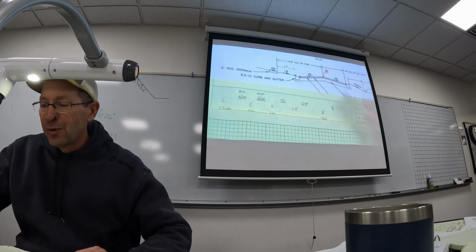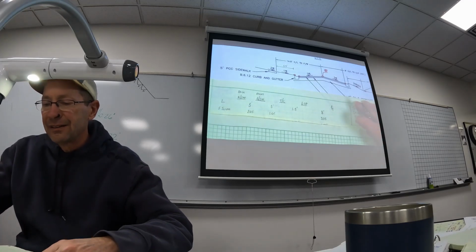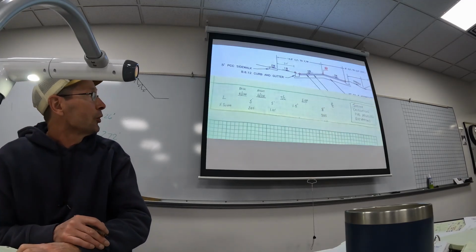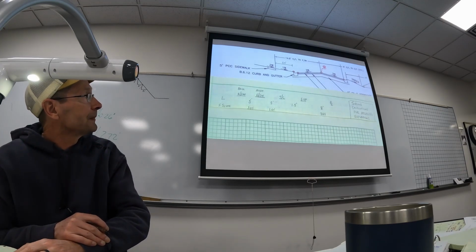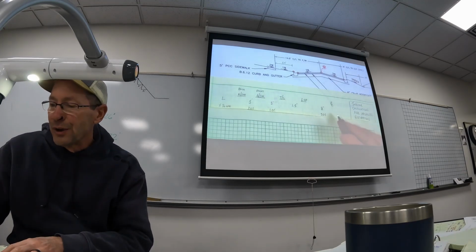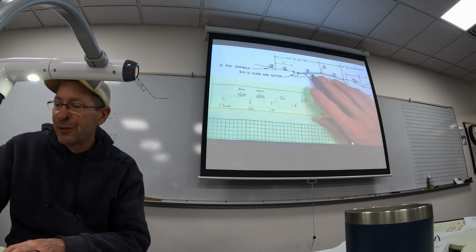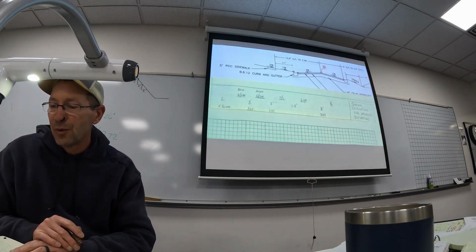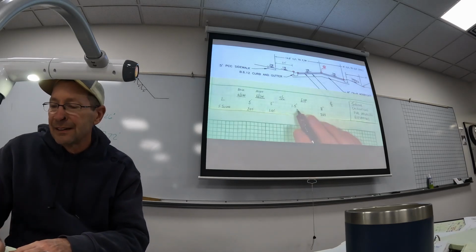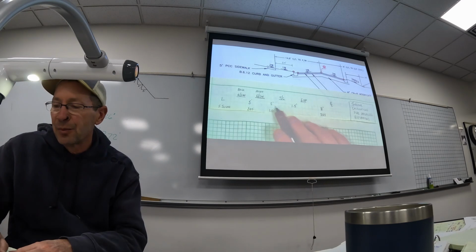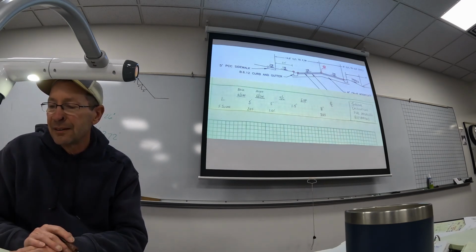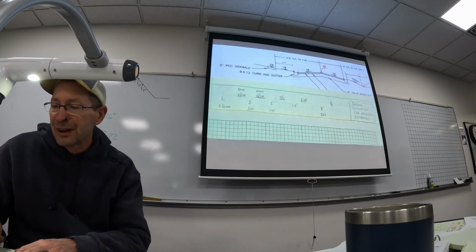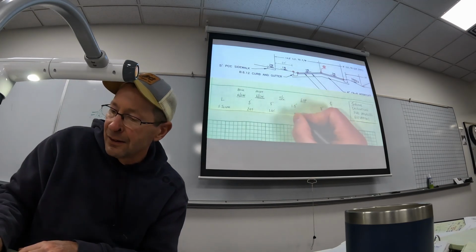All right, so let's add another line. Let's look at our slopes between them. We know center line to edge of pavement is 3% slope, so we can go ahead and add that 3% there. What else do we know? Between the edge of pavement and the top of the curb, we know that's going to move up, right? That's 6 inches. We got 6 inches of delta to get there.